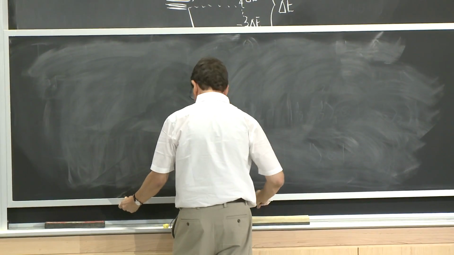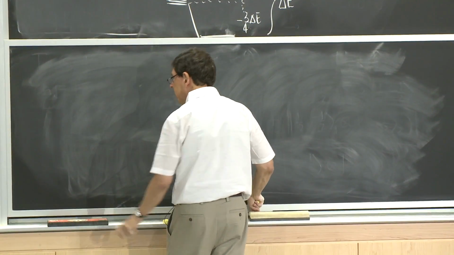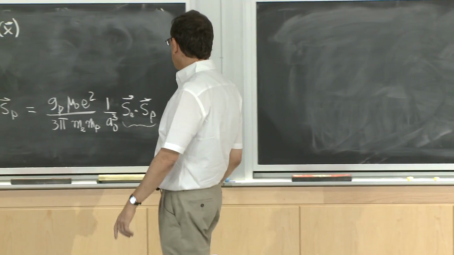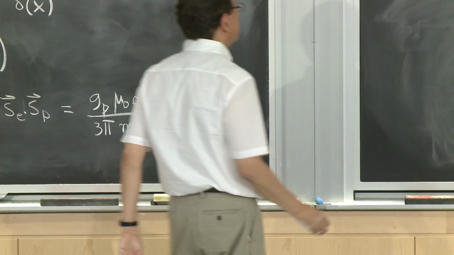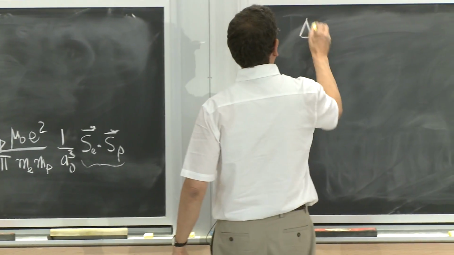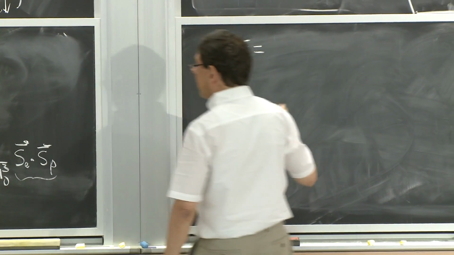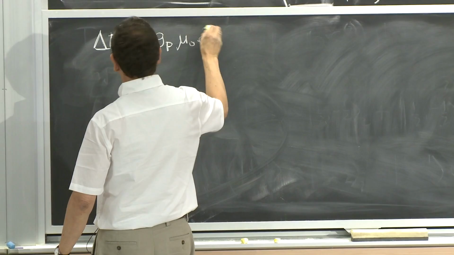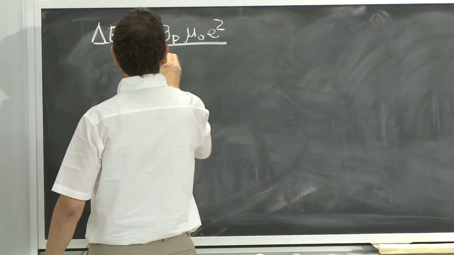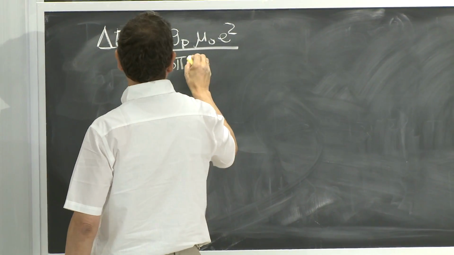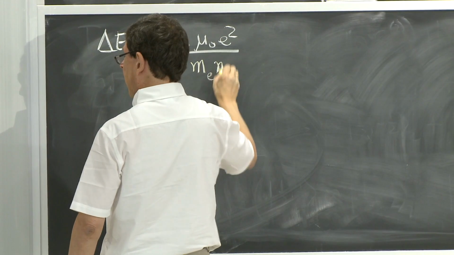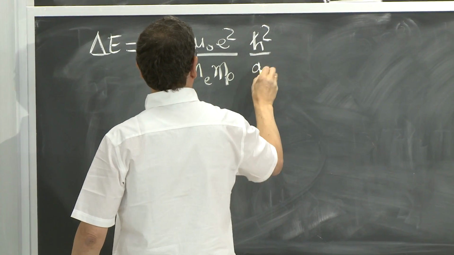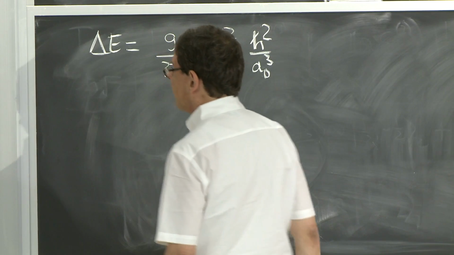Because there's a lot of physics associated with these numbers, it's good to get familiarized. So we had this here, this delta E is GP mu 0 E squared over 3 pi ME MP h squared over A0 cubed.